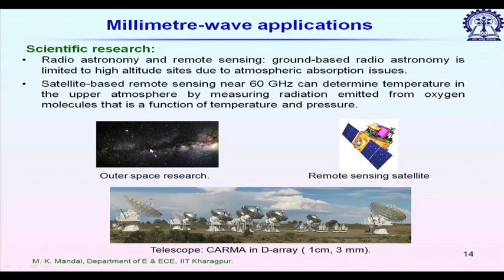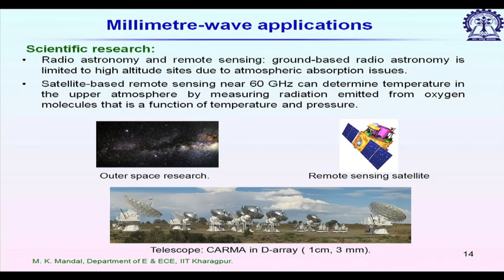This photograph is taken at millimeter wave frequencies. You can see the different stars here, and not only that, the galactic dust is also visible. There was one millimeter wave array on Earth, popularly known as the CARMA array.